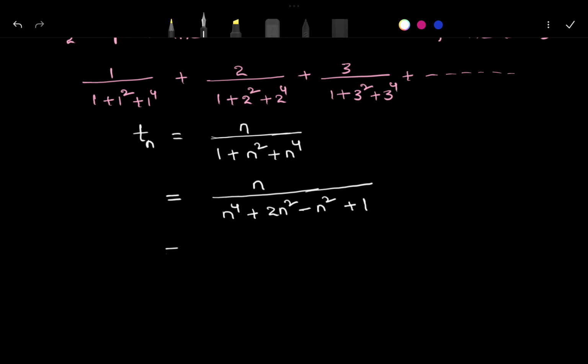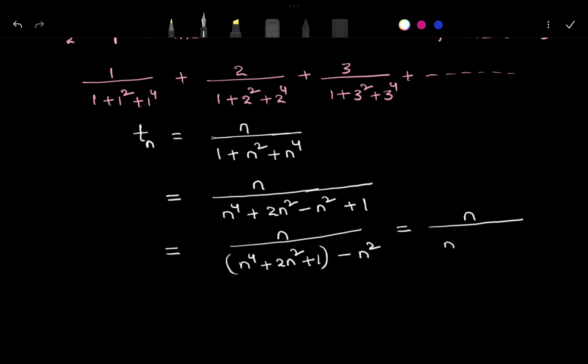After this you can write n whole divided by n power 4 plus 2 into n square plus 1, all this in one bracket, minus n square. So after that this will be n whole divided by (n square plus 1) whole square minus n square.